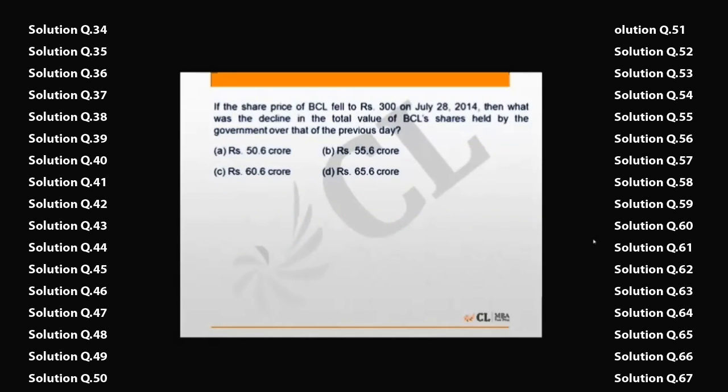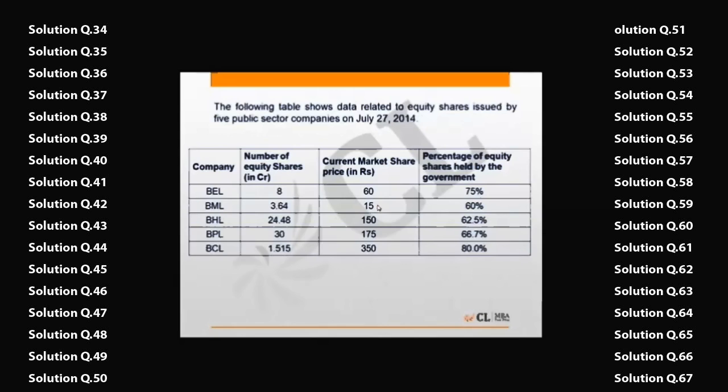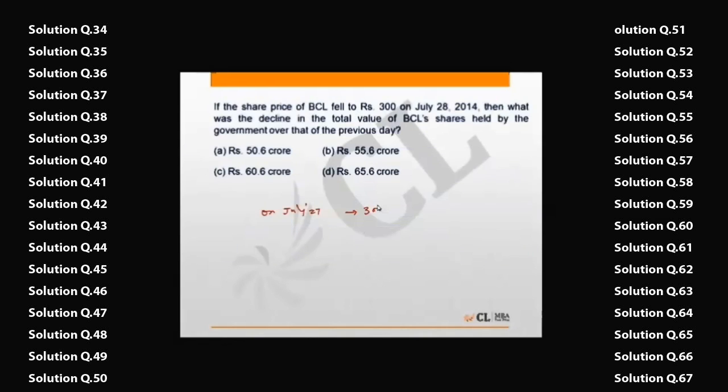In this question, we have been told that the price of BCL fell to 300 on July 28th, and we know that on July 27th it was 300 rupees. We also know that the government owns 80% of 1.515 crores. And the government's stake is 80% of 1.515 crore shares.